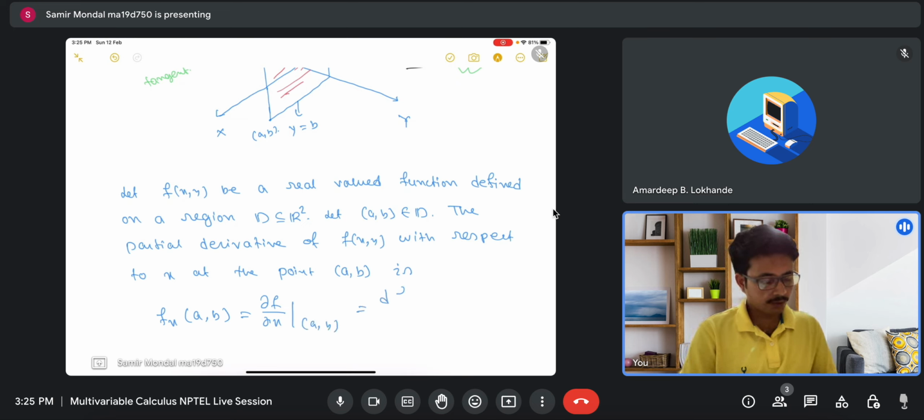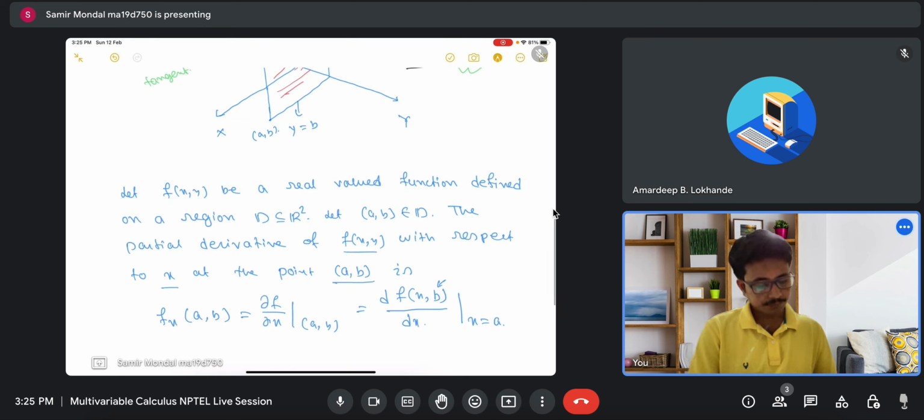Previously what I told is that we fix one variable. After plugging y equal to b, we get a single variable function. Take the derivative with respect to x. After that put x equal to a. So this is your partial derivative of f with respect to x at the point (a, b).